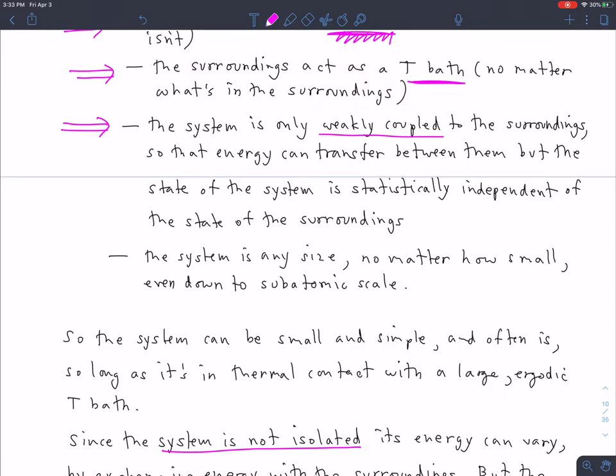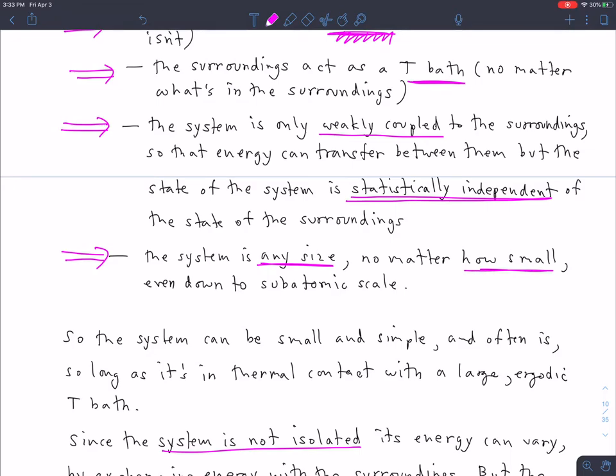And the important thing about that weak coupling is that it's going to allow us to treat the system as statistically independent of the surroundings. We'll see where that comes in as we're going through the derivation. And then finally, as I've been emphasizing up to now, the system can be of any size. It can be as small as we like.